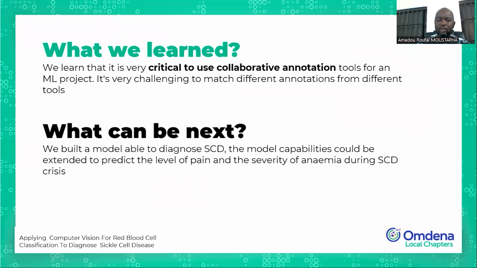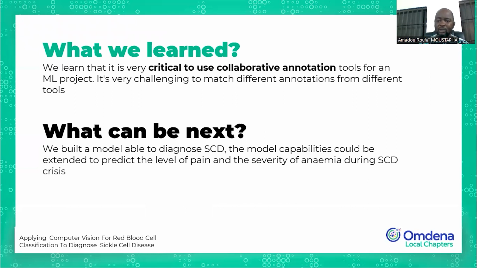So when doing this project, we learned something about collaboration. We learned that it is very critical to use collaborative annotation tools. What we had done was using different annotation tools and trying to gather the annotations at the last time.